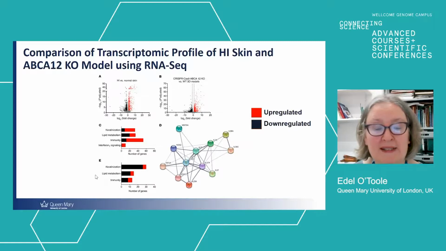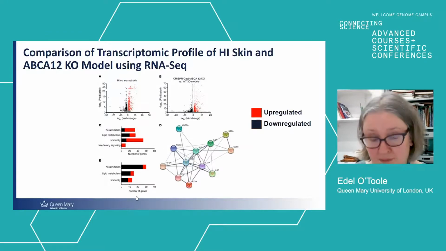And the lower panel is the group of genes that were altered in the 3D model. Red is upregulated and black is down. And here you can see you've got keratinization, metabolism, immunity, and interferon gamma in the skin. And basically in the 3D model, we don't have interferon gamma signaling, probably because there were no immune cells.